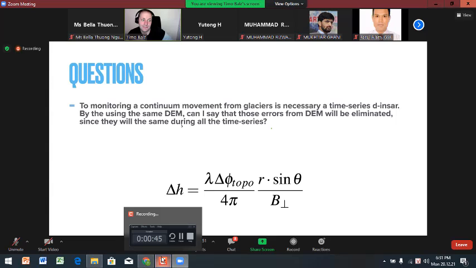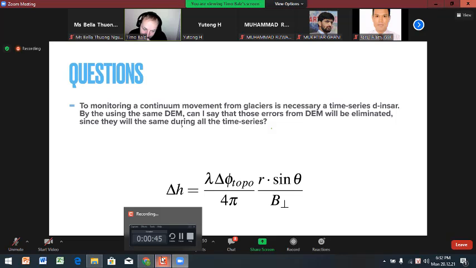All right. If we monitor the movement of glaciers, we're going to have a time series, so we're going to have many images and make, for example, the InSAR from that. Now the question is, because we're using the same DEM, can we say that the DEM errors will be eliminated because we are looking at the same scenes with the same DEM error?